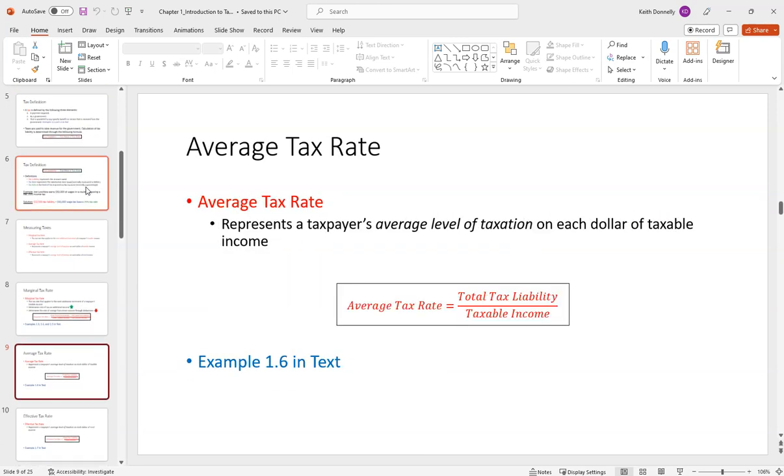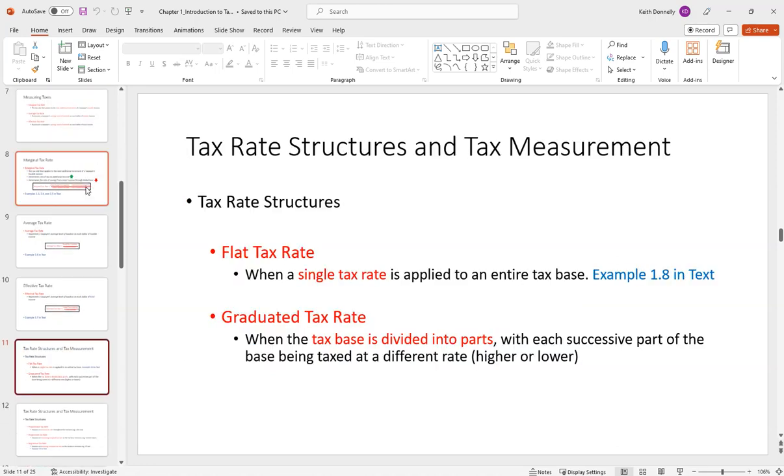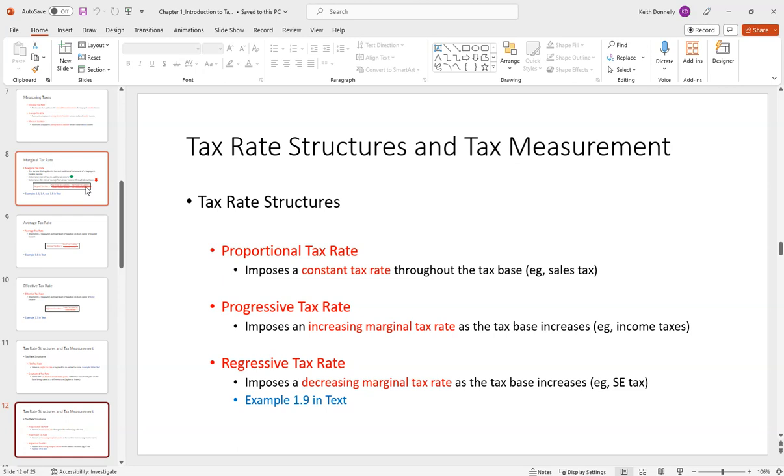We talked about average versus effective tax rate. We said those are a more accurate way of describing the percentage of tax that an individual owes. The big difference here is the denominator, taxable versus total income. We talked about a flat versus graduated tax rate, and then proportional versus progressive versus regressive.